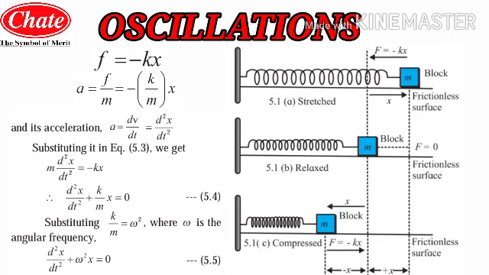So the total equation will be d²x/dt² + (k/m)x = 0. This is the equation we have rearranged. Now, substituting the value of k/m as ω², where ω is the angular frequency.